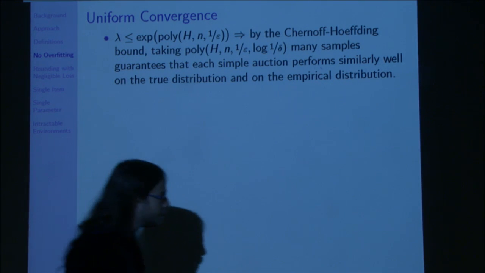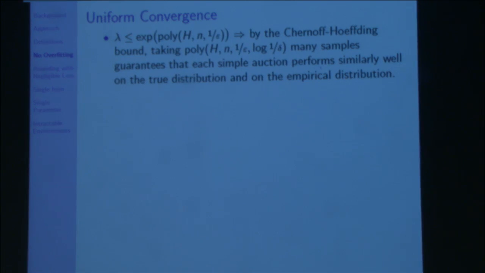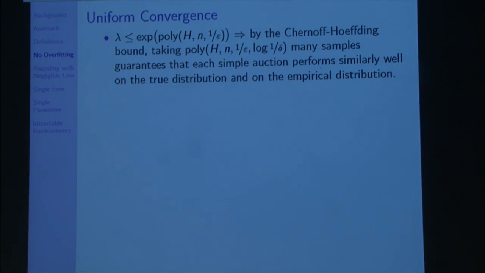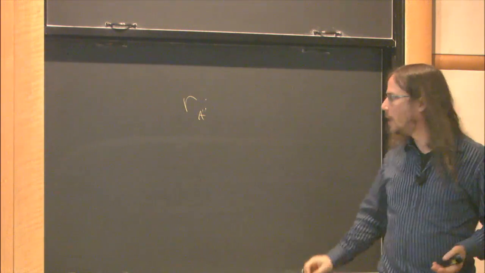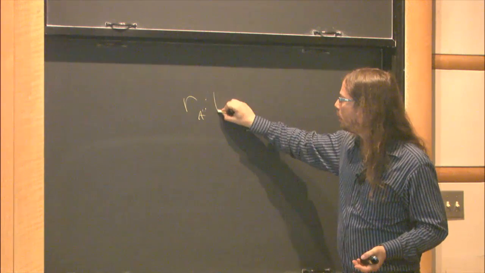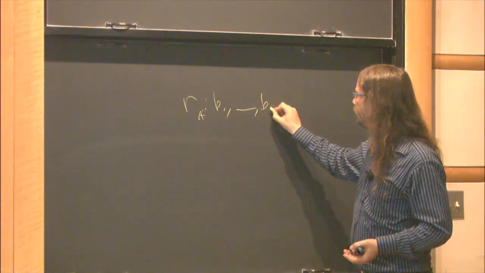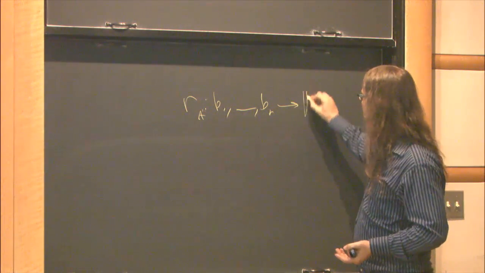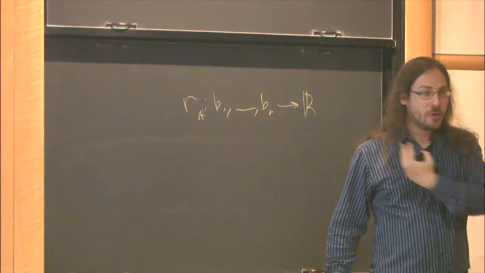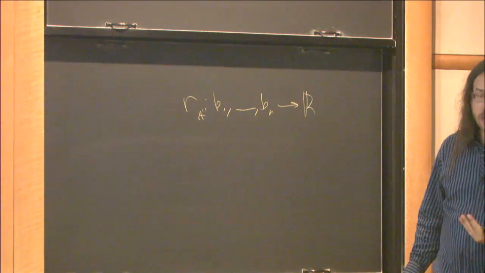Okay, so think about RA prime, that's the revenue from the auction A prime, as a function from bids to my revenue from these bids, to the payment that I get.